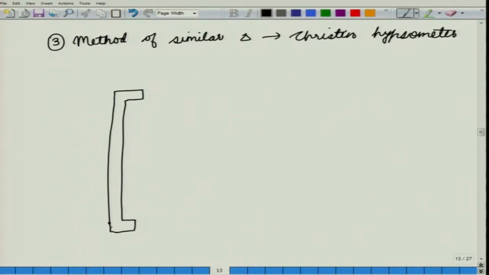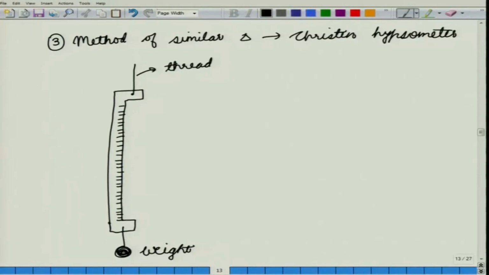So, suppose this is your instrument made out of cardboard. On this side you will mark the scales, so you can take measurements from this side. One end of the hypsometer would be connected to a thread to suspend it, and the other end would be connected to a weight, so that the hypsometer is kept vertical at all times.